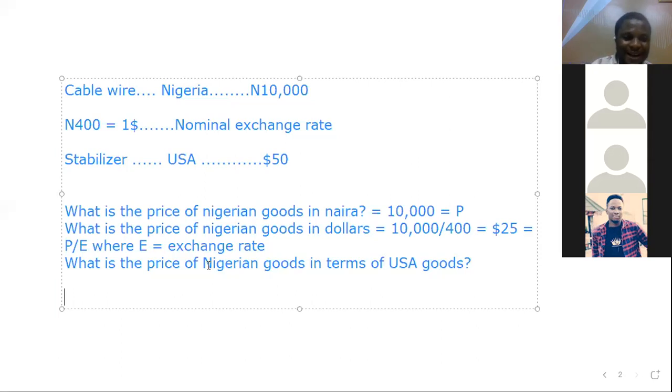That is, what is the rate at which Nigerian goods will be with relation to US goods? That will be equal to what?